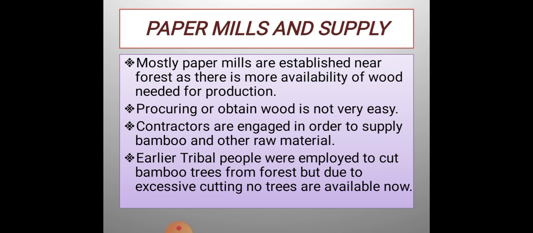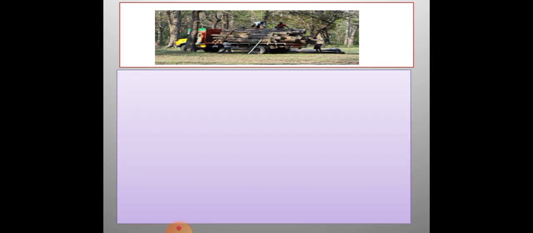Earlier, tribals were also employed to cut the trees, and because of excessive cutting, even they do not have jobs. So now the government is encouraging people living in villages to grow more trees, so that they can have ample supply throughout the year.